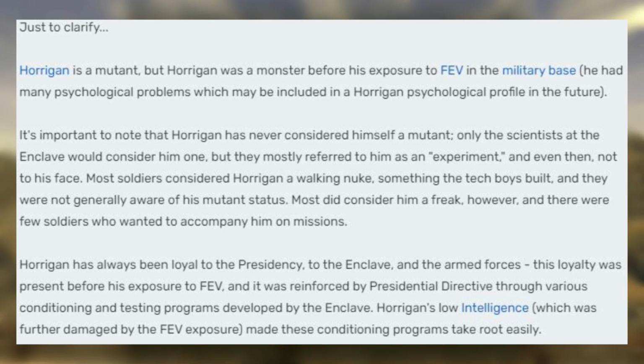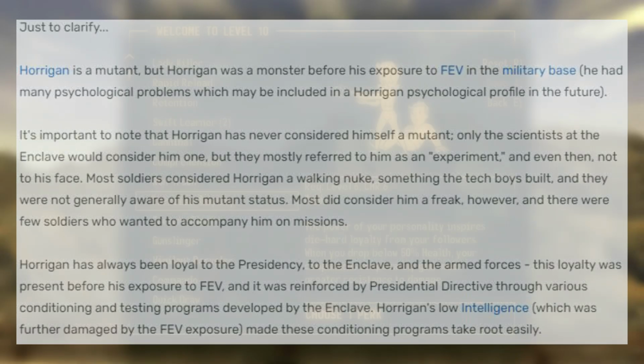Horrigan has always been loyal to the presidency, to the Enclave, and the armed forces. This loyalty was present before his exposure to FEV, and it was reinforced by presidential directive, through various conditioning and testing programs developed by the Enclave. Horrigan's low intelligence, which was further damaged by the FEV exposure, made these conditioning programs take root easily.